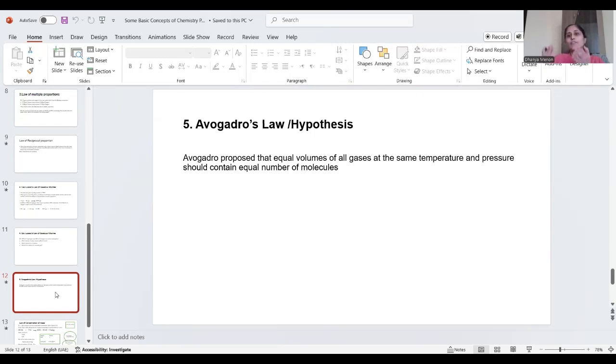So, according to Avogadro's law or hypothesis, keeping all the physical conditions like temperature and pressure the same, equal volumes of all gases contain an equal number of molecules. Let's check out what this law says.